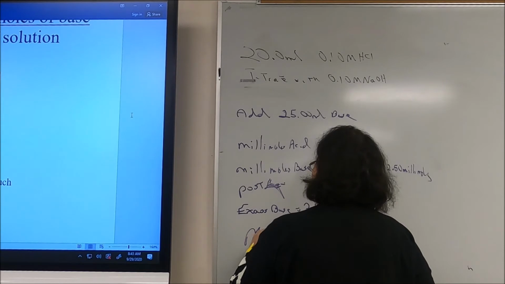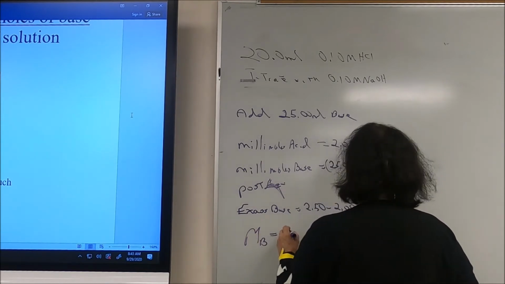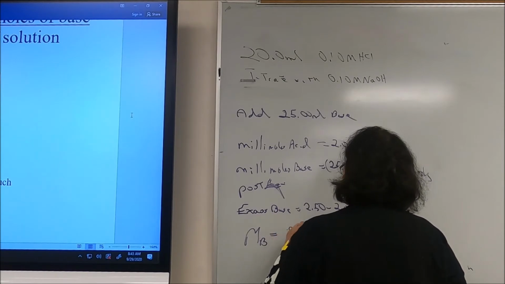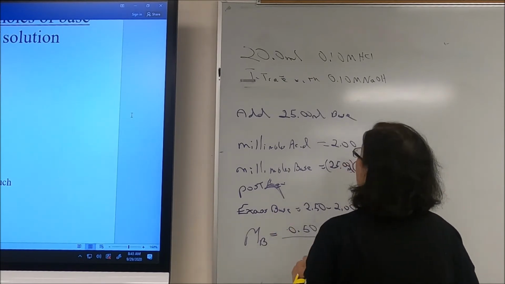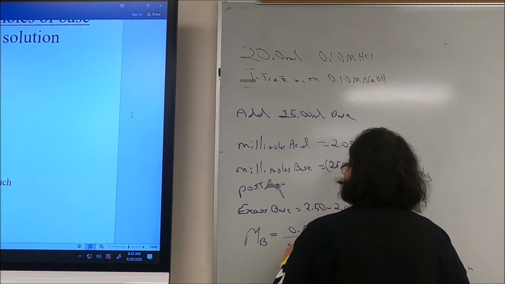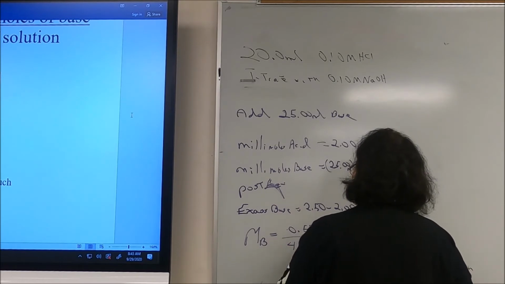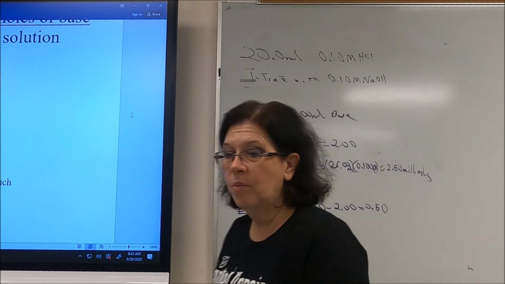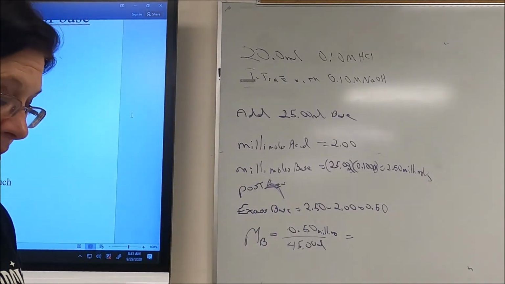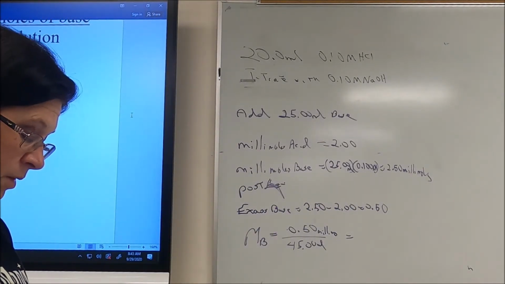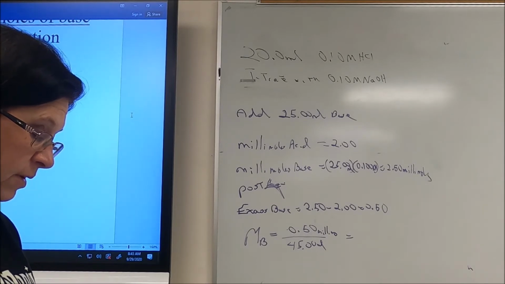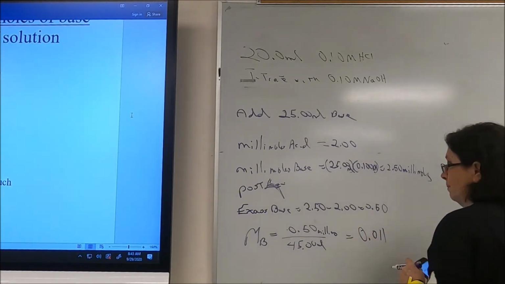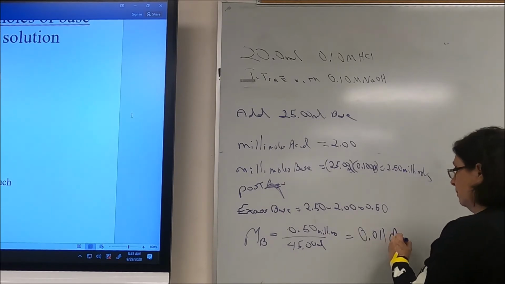And the molarity of the base is just going to be 0.50 divided by the new volume, 45 milliliters. So 0.5 divided by 45, its concentration is 0.011 molar.